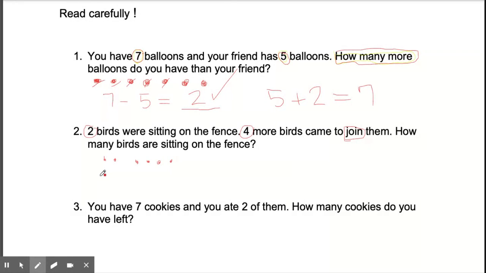Go ahead and write our number sentence. 2 plus 4 equals what? All right, let's go ahead and count it. 1, 2, 3, 4, 5, 6. Another way that we could count it would be 4, 5, 6.